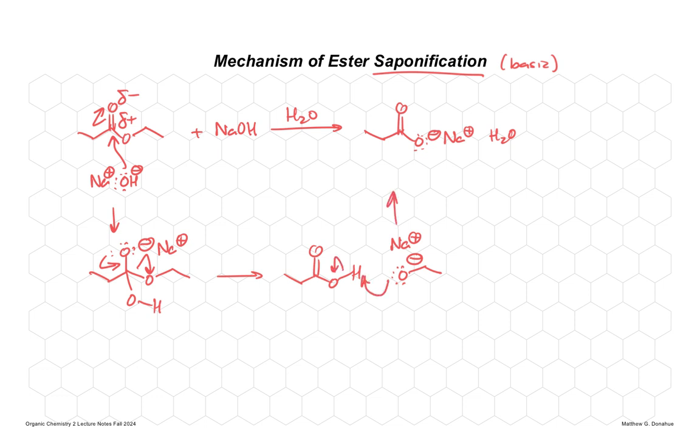And so these arrows are all one way. It's again not an equilibrium as in before. So I think I want to write ethanol here. So that is the saponification under basic conditions where the oxygens are negative.